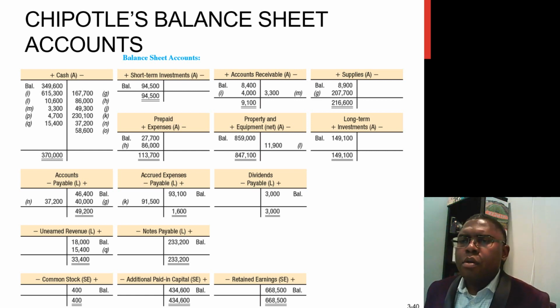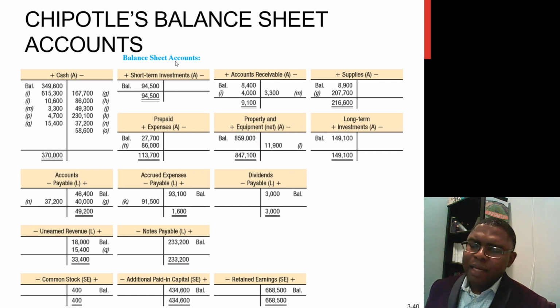So when we have all the T accounts, what we have done is that we have isolated T accounts that will go to the balance sheet. So on the balance sheet, we have assets, liabilities, stockholders' equity. So notice that here we have all asset accounts. Cash is an asset account, short-term investment assets, accounts receivable, supplies, long-term investment, property and equipment, prepaid.